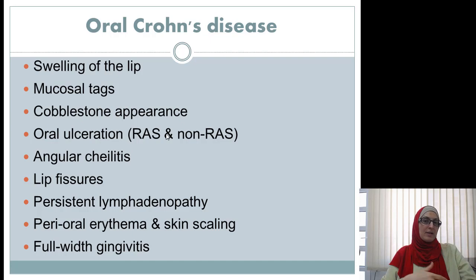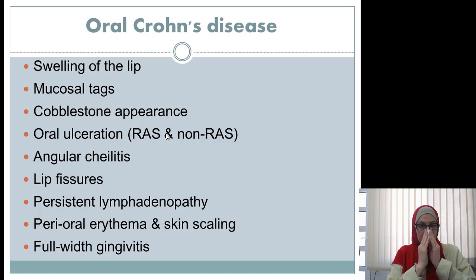Usually the patient is already diagnosed because of the severe symptoms. However, in Crohn's disease, the patient might have mild symptoms, and you might be able to detect a patient with Crohn's disease that has started developing the disease by seeing changes within the oral cavity.